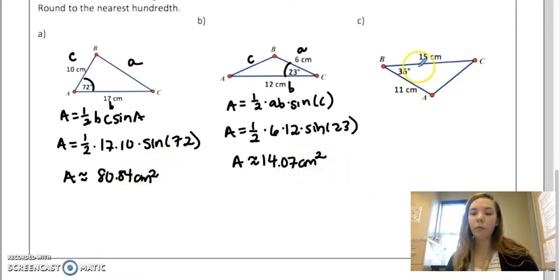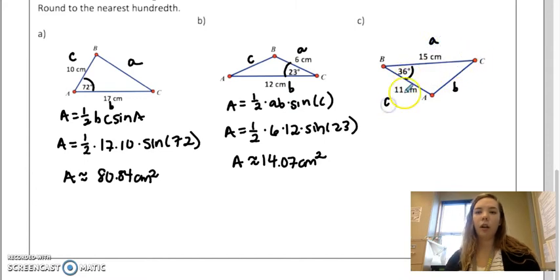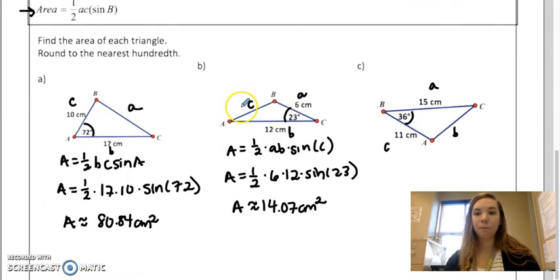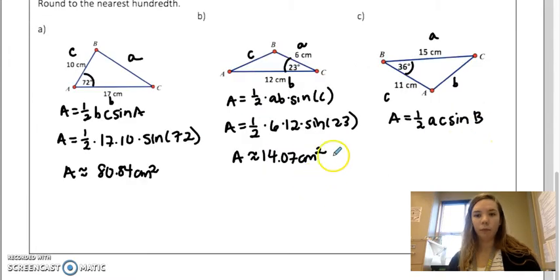All right, here I know angle B, straight across is little b, straight across here is little a, straight across here is little c. So I'm going to use the last formula because I know angle B. So 1/2 ac sine B is 1/2 times 15 times 11 times sine of 36.